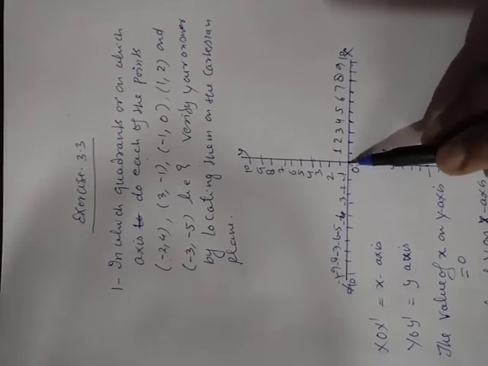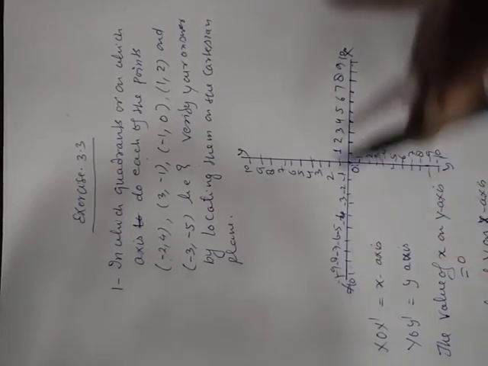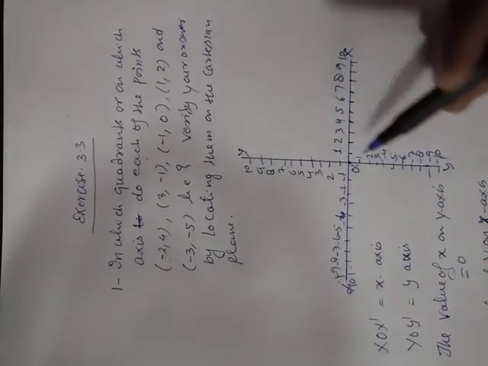Now from this, the intersection point of X O X dash and Y O Y dash is known as the origin.